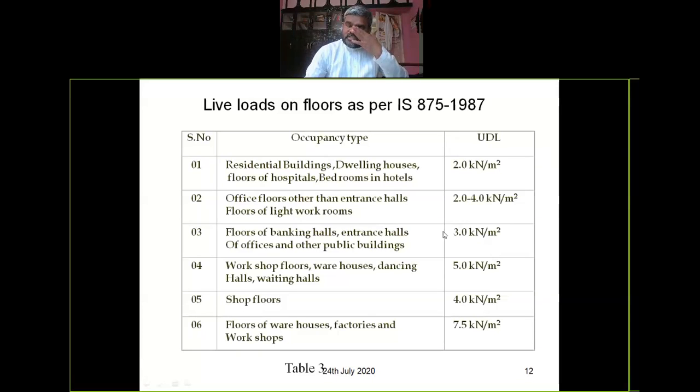Some live loads are given as: residential buildings, 2 kN per meter square; offices, 2 to 4; floors for banking halls and entrances, 3; workshops and dancing floors, 5; shop floors, 4; floors of warehouses is highest, taking heavy loads, 7.5 kN per meter square.